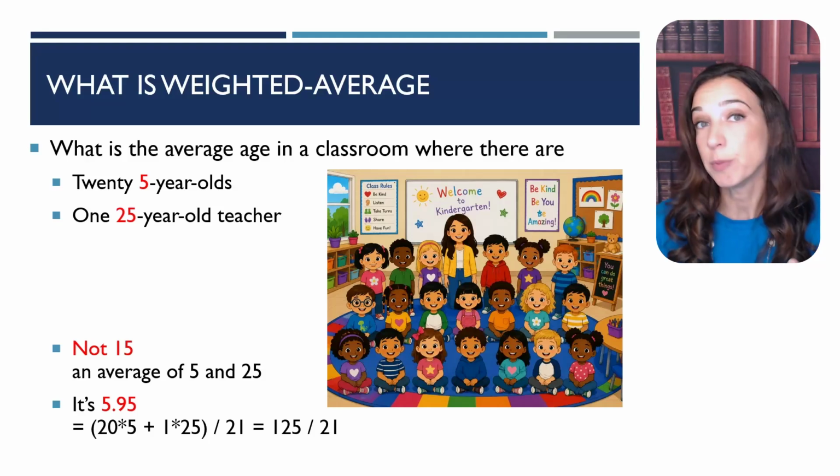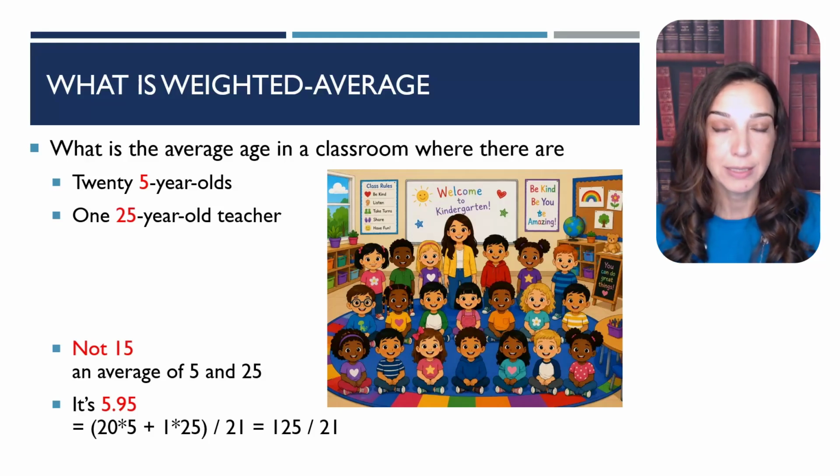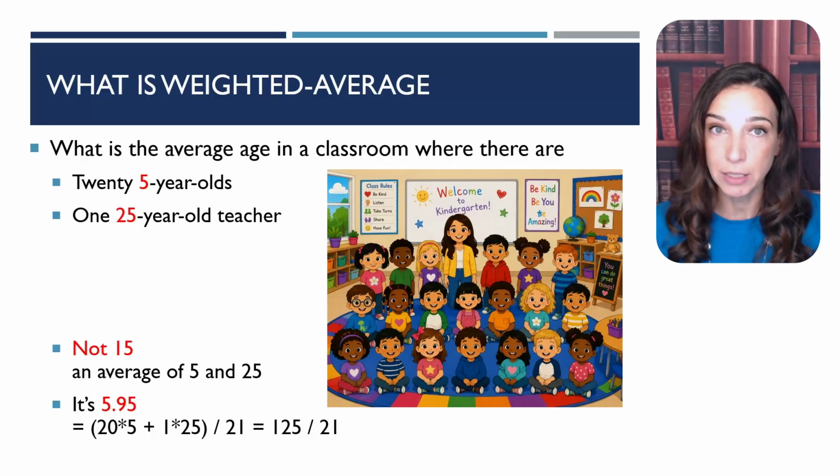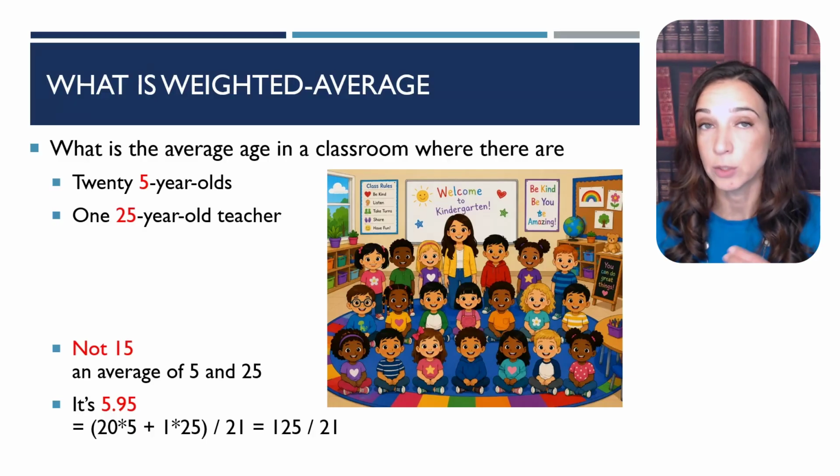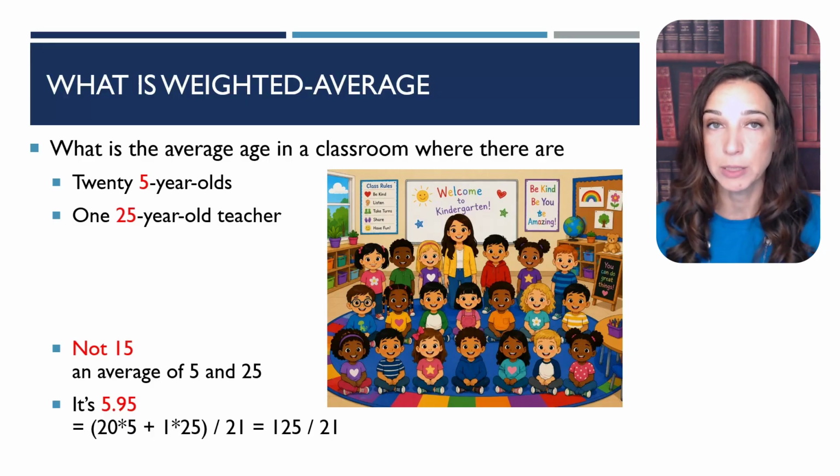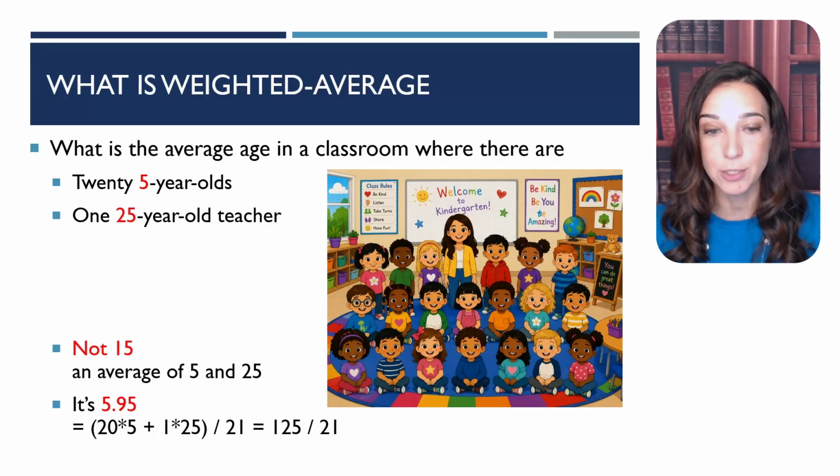And the answer is going to be 5.95. So this happens when we multiply 5 by 20, which is the number of our kindergartners, and then we add the 25, which is the age of the teacher, and we divide everything by 21, which is the number of people in the classroom. So when we talk about mathematical averages, typically we're talking about weighted average, which takes into account that in a group, we might have pools of different sizes.